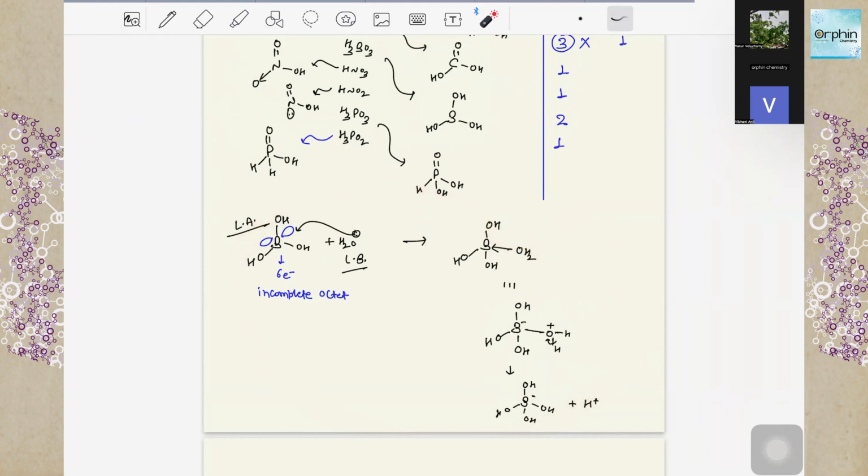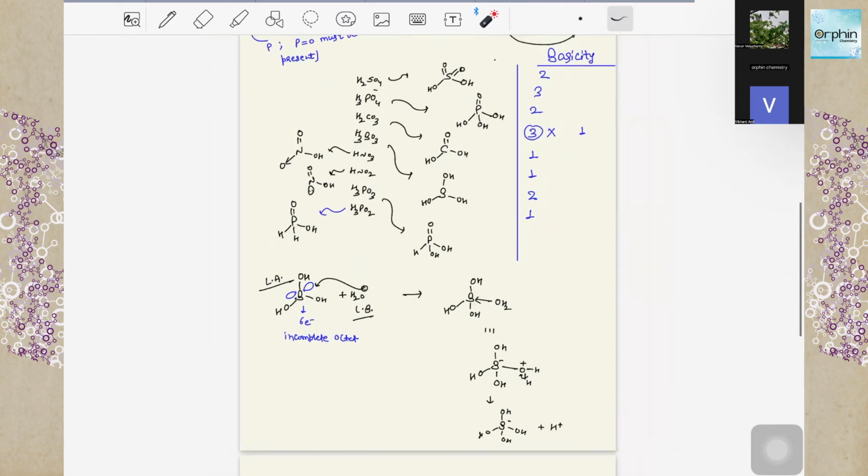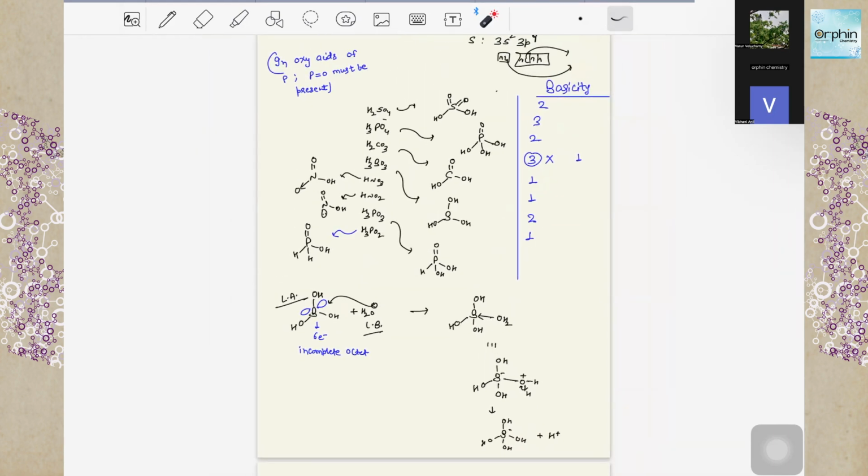Basicity is actually not the hydrogen which are connected with oxygen. Basicity is the number of hydrogen which are released when the compound is placed in aqueous solution, right? But generally, in most of the cases, the hydrogen which are connected with oxygen all will be released, except one case, that is H3BO3, right?